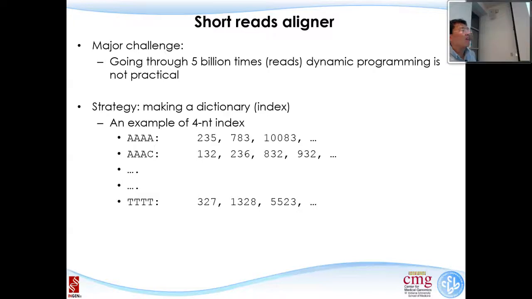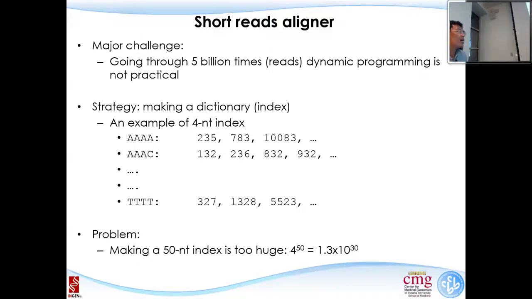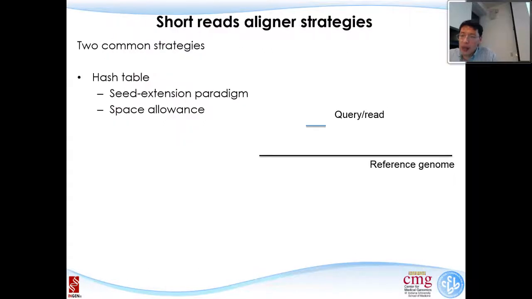If you have a dictionary of like 20 bases, then you can search pretty fast, right? You just go to your nucleotide, check your dictionary, and do the searching. That is called the indexing approach. The problem is that making a certain number of indexes is feasible, but making them very long is not feasible. Like 15 nucleotides is too big, and no computer memory can really host that.